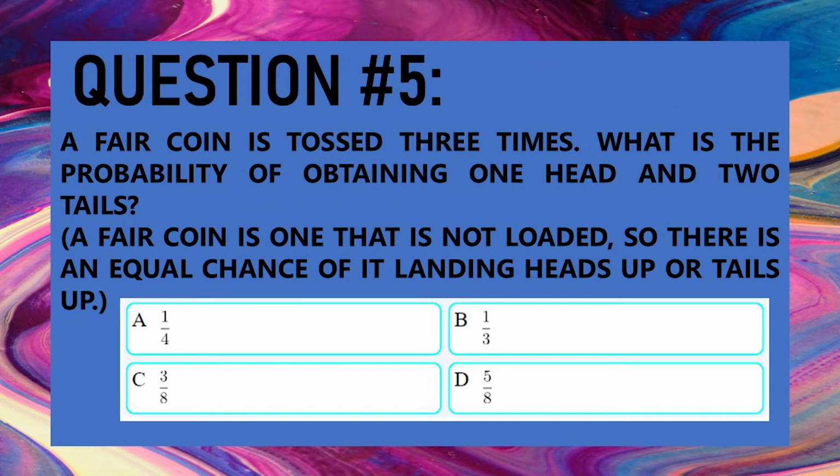2/13. Question number 5. A fair coin is tossed 3 times. What is the probability of obtaining 1 head and 2 tails? Remember, a fair coin is one that is not loaded, so there is an equal chance of it landing heads up or tails up. Letter A, 1/4. Letter B, 1/3.